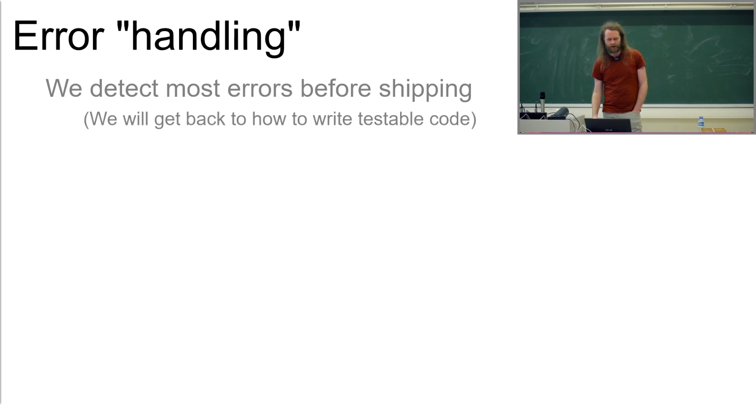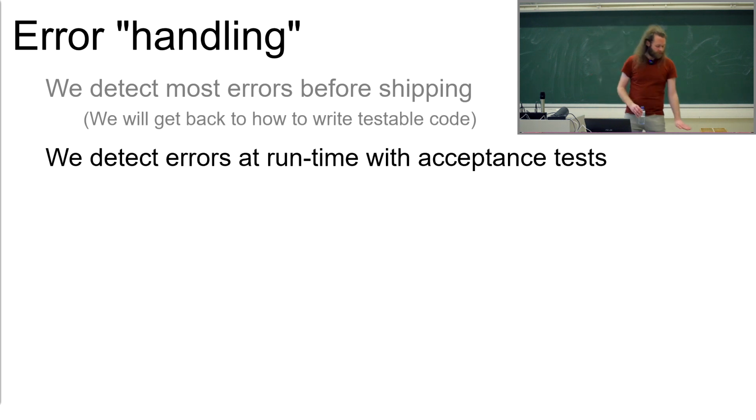Just keep this in mind: we want to handle most of our errors before we ship our code, right? So we do want to test our code, we do want to debug our code. We just don't write blind and then ship it and see what happens. Yeah, move fast and break things, but maybe don't move that fast and break that many things.